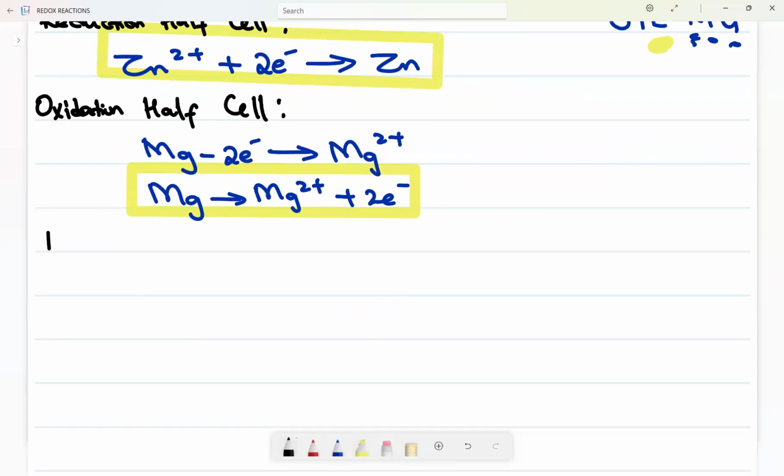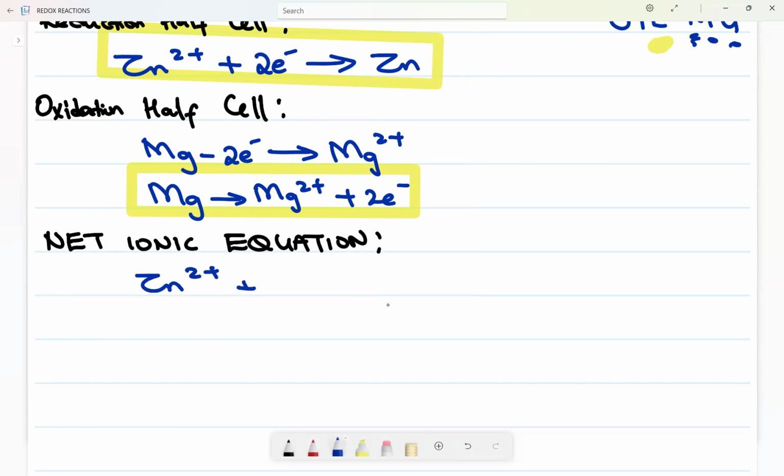Now we need to go to the net ionic equation. Well, how can I find my net ionic equation? I need to add those two equations.